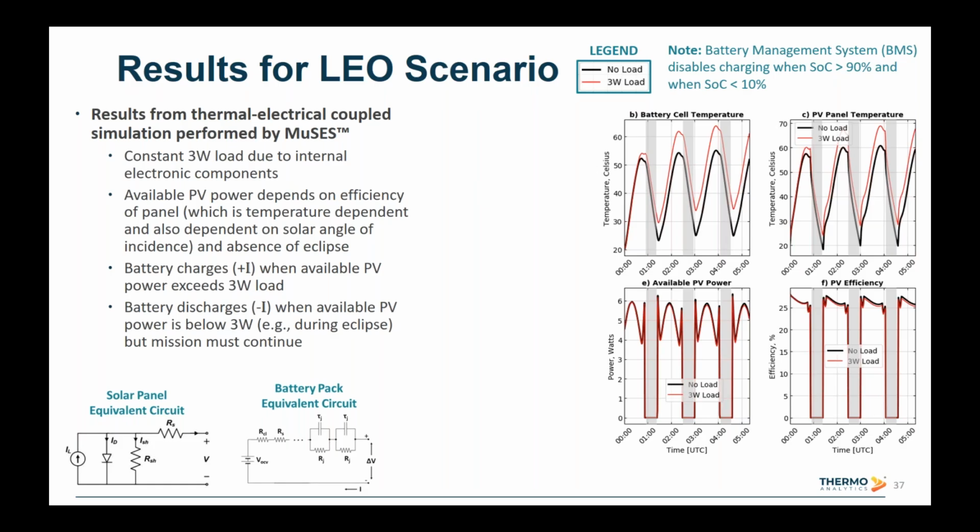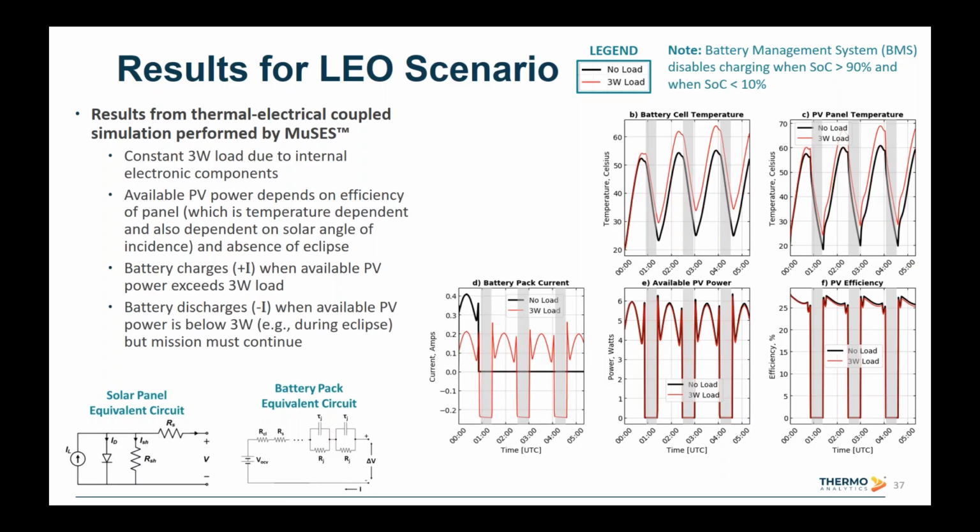So during the eclipse regions, there's no available power from the solar cell, so the energy is going to have to come from the battery cells. Whereas when there isn't an eclipse present and we see greater than 3 watts of available harvested solar power, then the solar panels are going to be able to keep up. And in that case, the excess energy can be used to charge the battery.